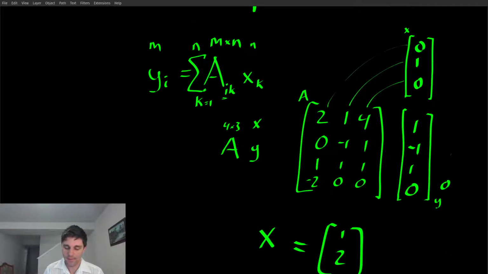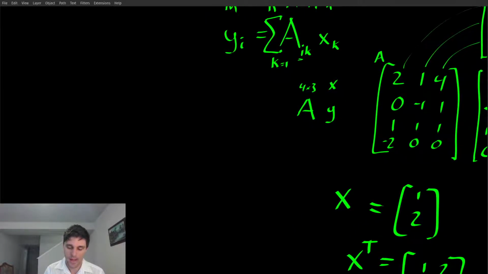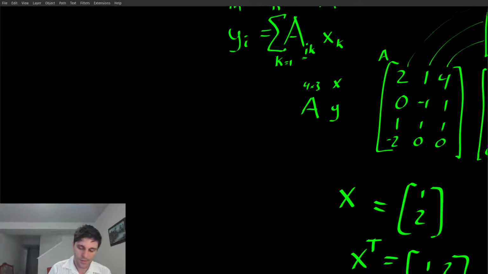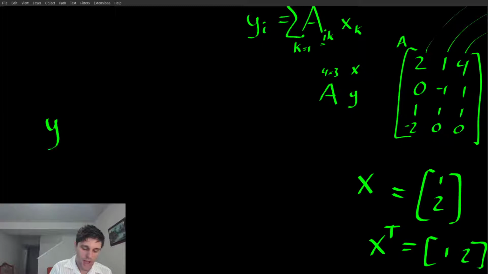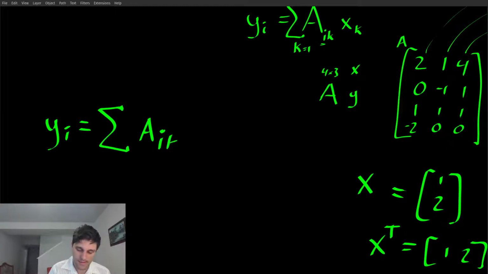And in fact, this opens up a different way of thinking about this relationship here. So I said each y_i is equal to the sum of a_ik x_k, right?